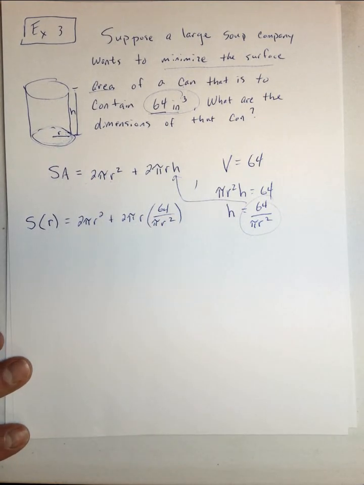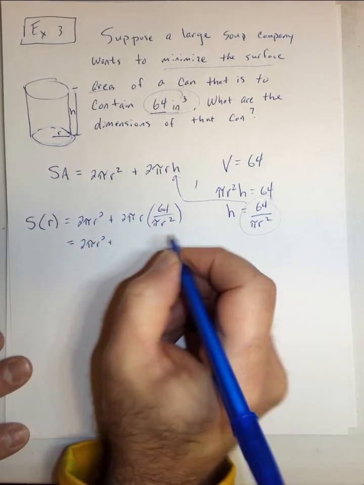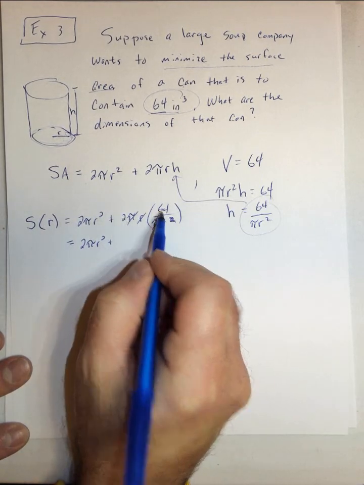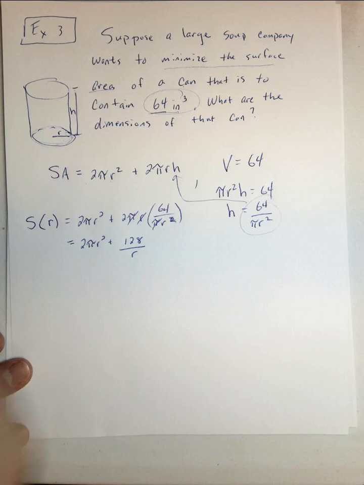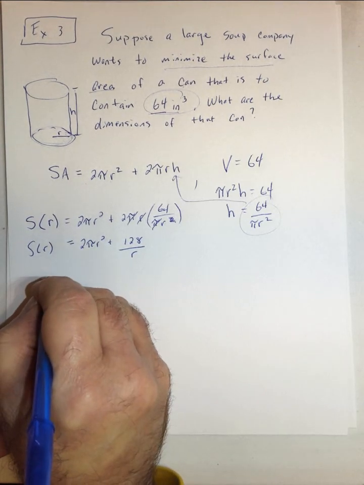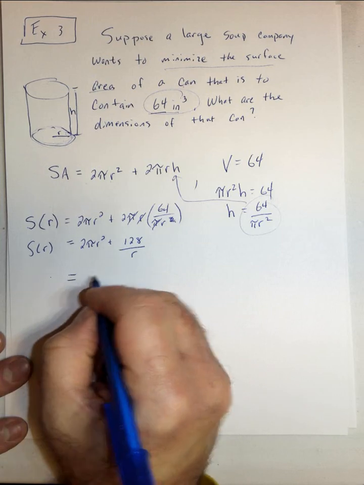Cleaning up a little bit, we can eliminate the pi, eliminate 1 r. 2 times 64 is 128 over r. And so the easiest thing to do here to find the derivative would be to make this r with a negative exponent, so we can straight power rule.